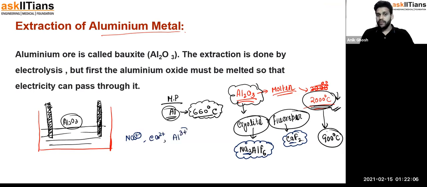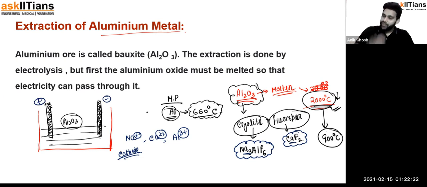Now, definitely there is a competition over who would go towards the cathode. The cathode is negatively charged, so everyone wants to go towards the cathode. But who would go among these three? What happens is the element which is less reactive, which lives lower down in the group, has more tendency to get reduced by taking electrons.